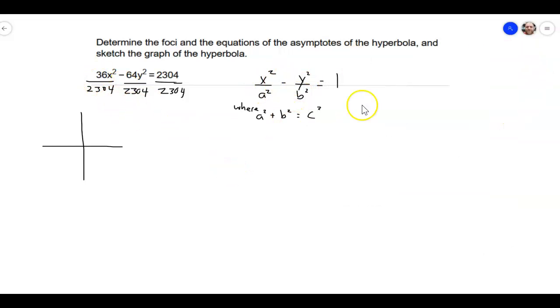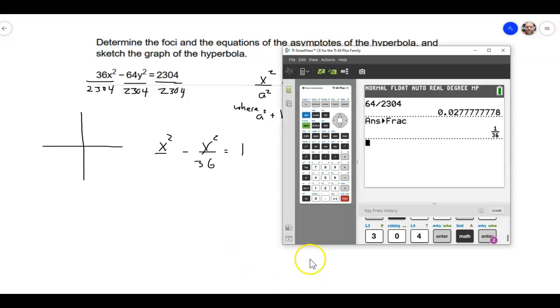So when I put this into the form, this is going to be x squared over, we didn't do that one yet, but we just did the y squared one here. Y squared over 36 is equal to 1. And then I also need to do this one, 36 over 2304.